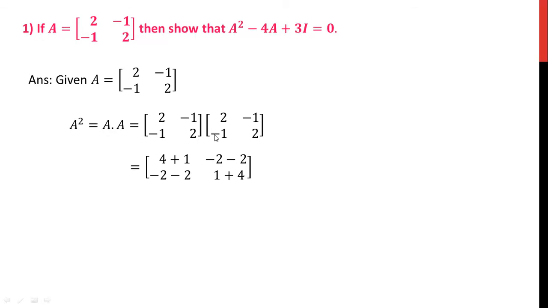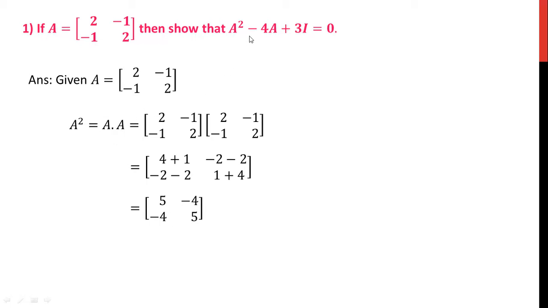Then second row into second column. So that is minus 1 into minus 1 is plus 1 plus 2 into 2 is 4, like this. So we get A square as [5, -4; -4, 5].